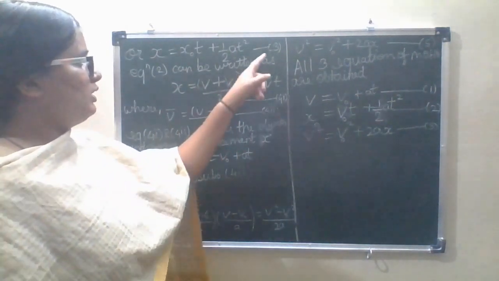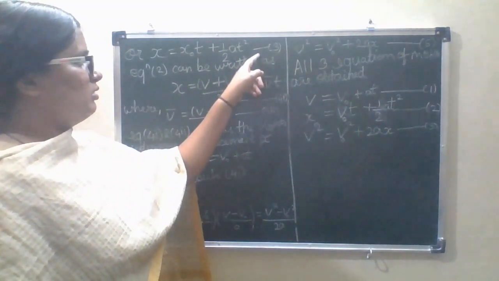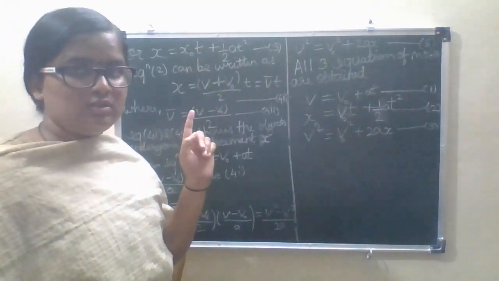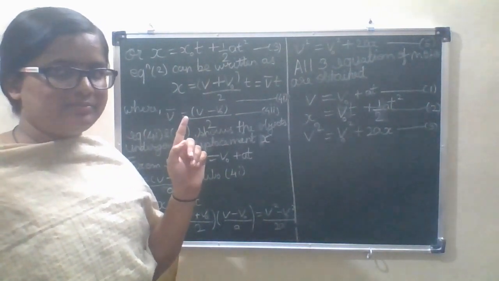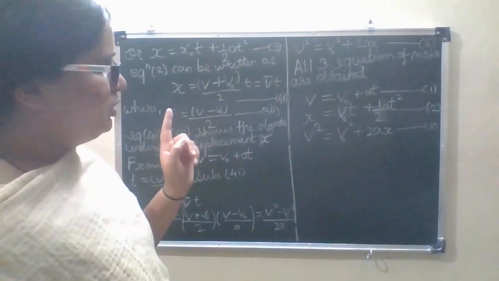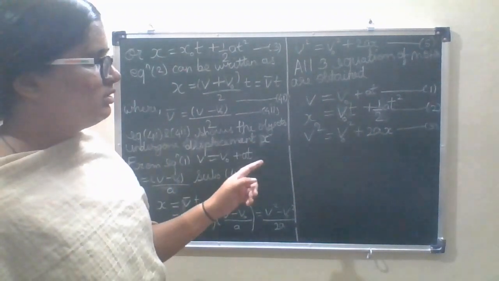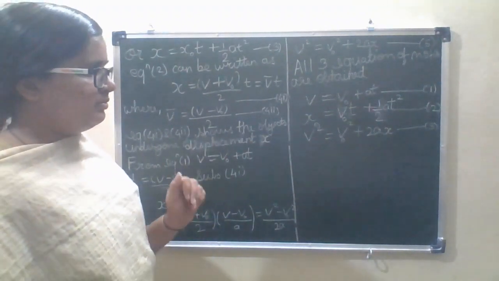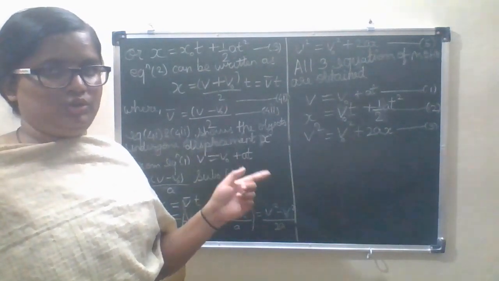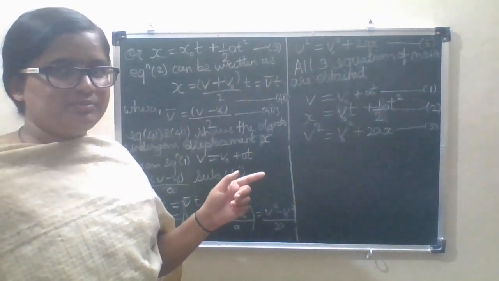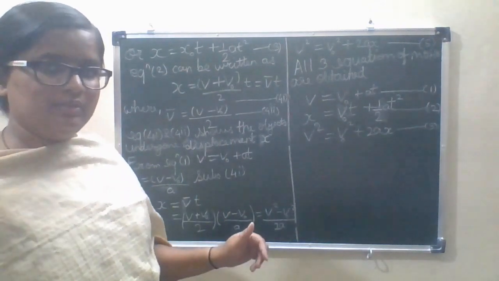square. So that equation number is 3, and the first equation is v is equal to v0 plus at. That is the first equation of motion derived from the graphical method.